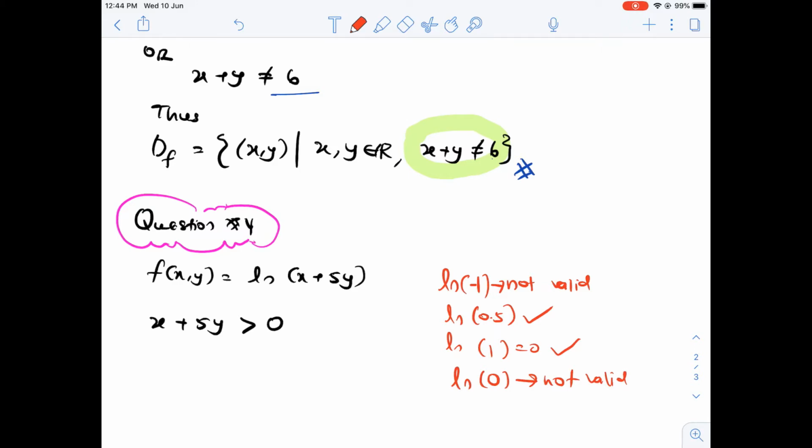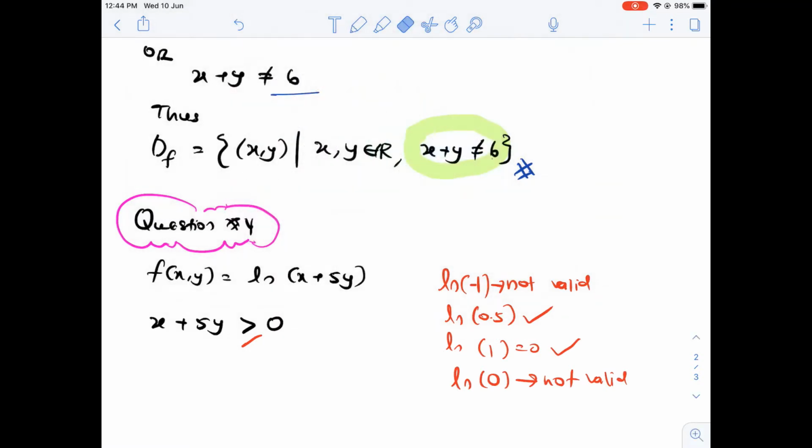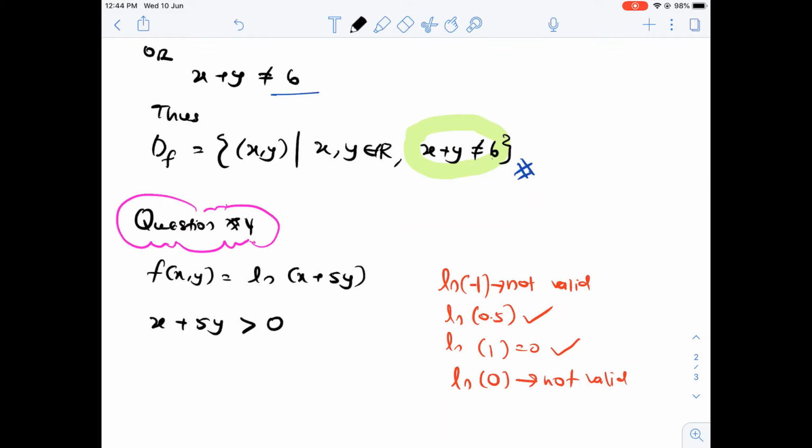It cannot be equal to 0, so it must just be greater than 0. I should erase this. Okay, so we have x plus 5y greater than 0.